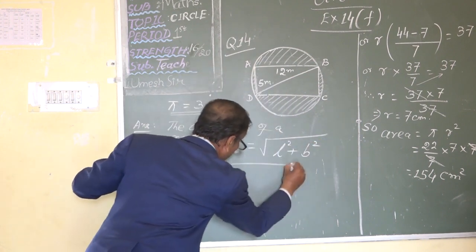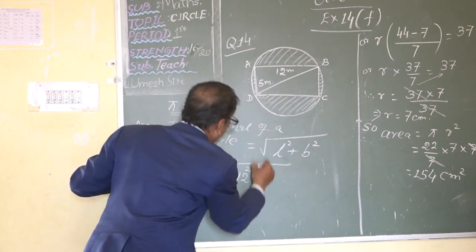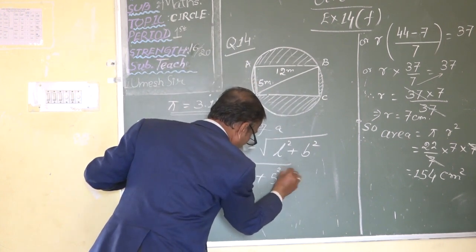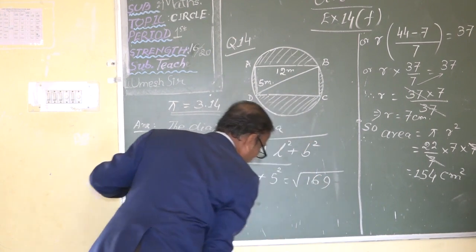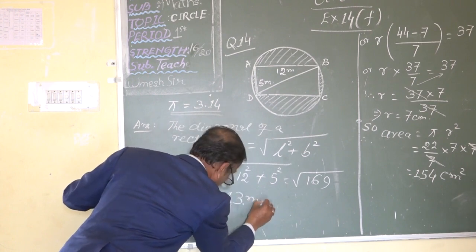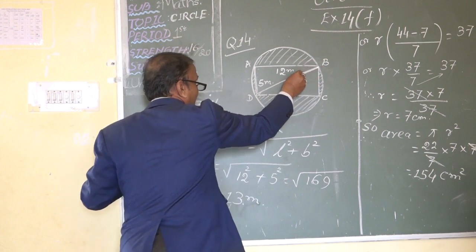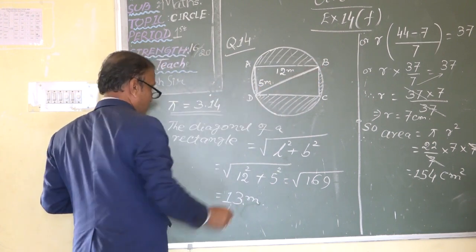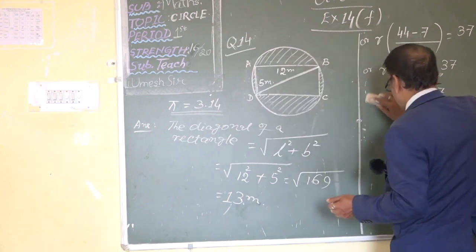So this is equal to root over 12 square plus 5 square, that is equal to, after simplification, 169. So root over 169 is equal to 13 meter. So we got the diagonal of the rectangle, it is equal to 13 meter.